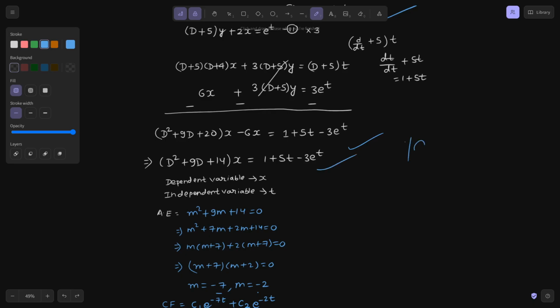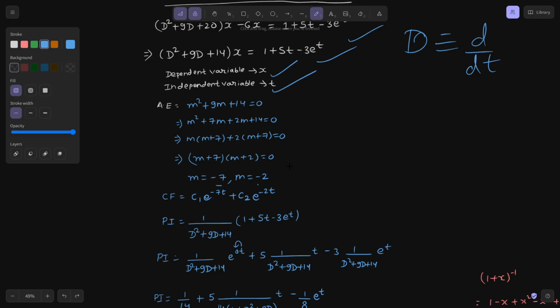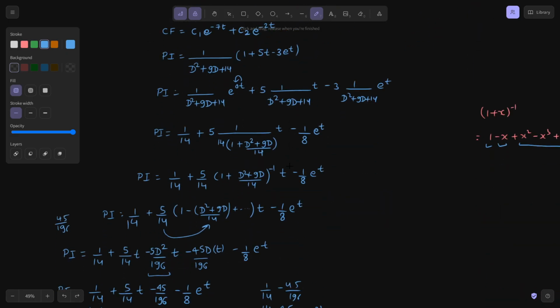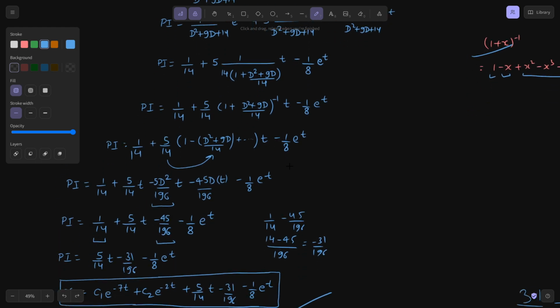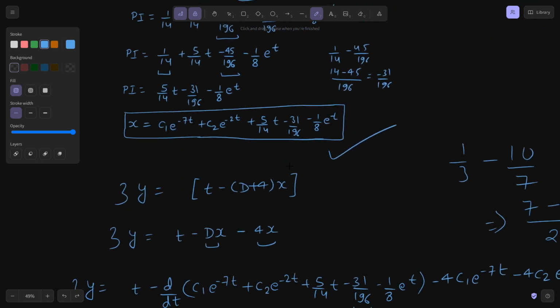Here your capital D was nothing but d by dt. Dependent variable was x, independent variable was t, and the rest was a similar auxiliary equation, then complementary function, then particular integral. In the particular integral, the middle one was a bit lengthy, with 1 plus x power minus 1 expansion. And then we found the particular integral.